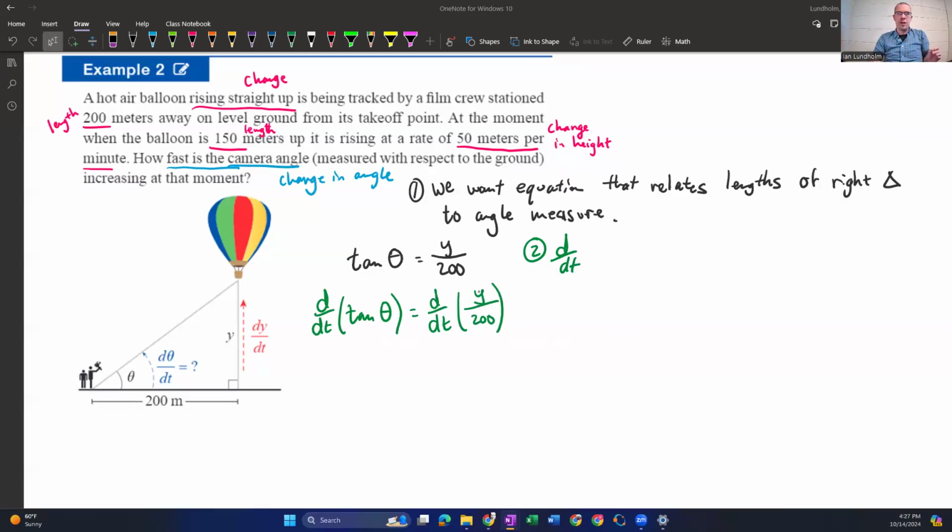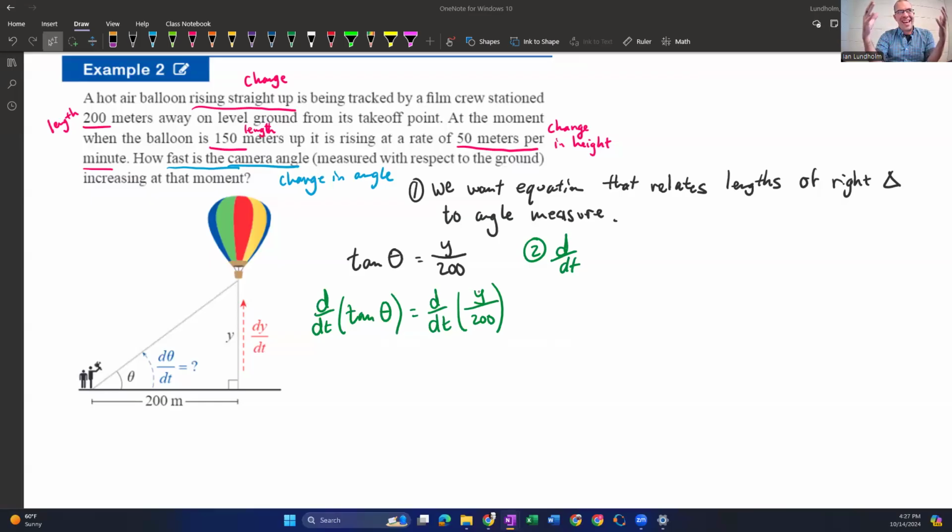It's totally cool because we're taking the derivative here with respect to t, and implicitly we are treating the angle and the height y as functions of time. And so when we take the derivative of the left-hand side, what's the derivative of the outside function?